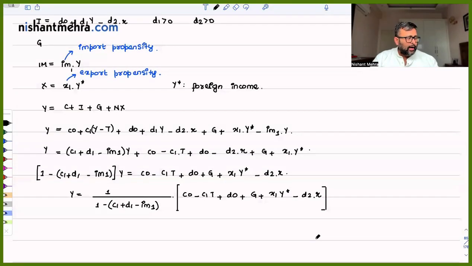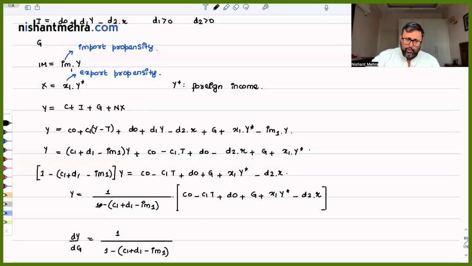And if I need to find out, in case government expenditure increases, what the increase in total income is, right? So what is dy by dg? It is 1 upon (1 minus C1 plus D1 minus IM1). This is what the open economy multiplier is.